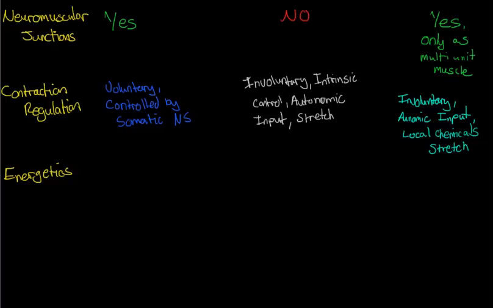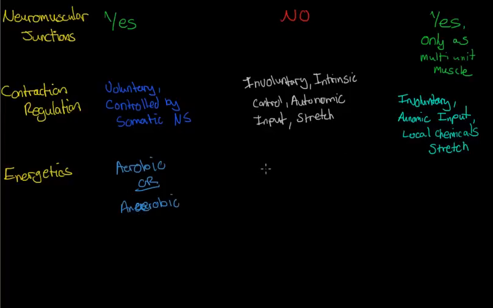The last category we're going to go over here is energetics, so how it's making the energy it needs to contract. For skeletal muscle, this is going to be aerobic, or with oxygen, or anaerobic, in the absence of oxygen.